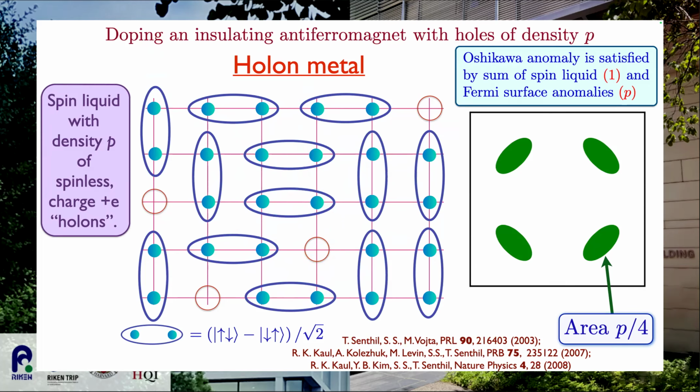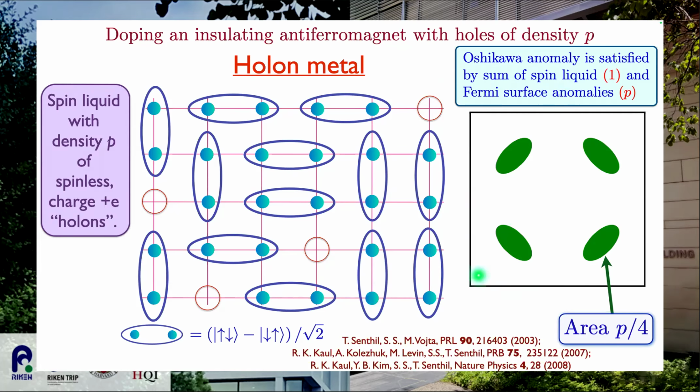You can still apply, and that's the important point, the Yoshikawa argument to this state. You can't apply the Luttinger argument because it gives you the wrong answer, since there's no broken symmetry. So Luttinger would say in this state that you have a large Fermi surface, which you don't. And the reason you don't is because this is a non-perturbative state with a spin liquid.